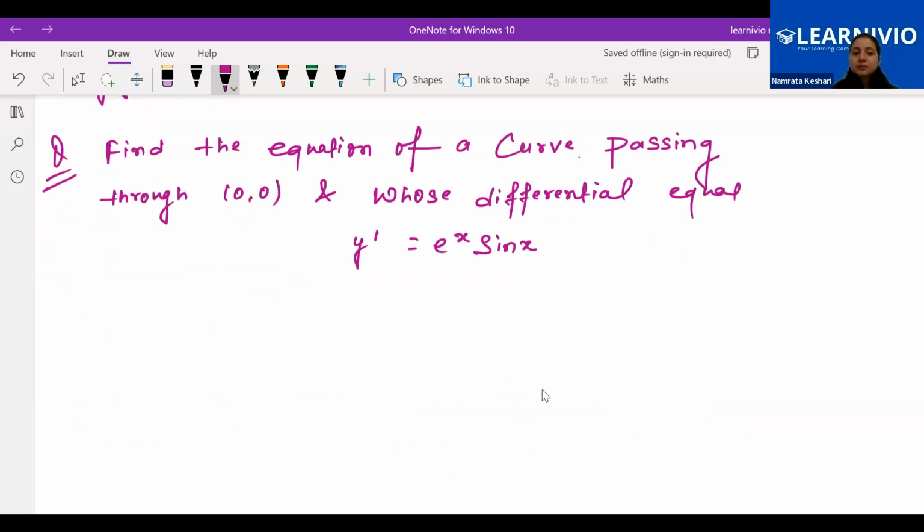Y dash means dy by dx. So it is given like this: dy by dx is equal to e to the power x sin x.